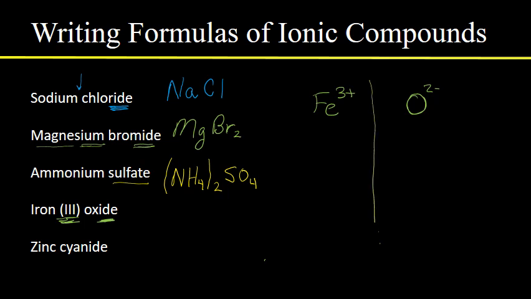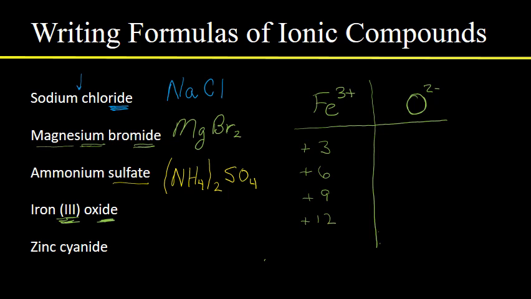So if we want to combine these two, we look at the possible positive and negative charges. 1 iron gives us a charge of +3, 2 irons +6, +9 for 3, and +12 for 4.